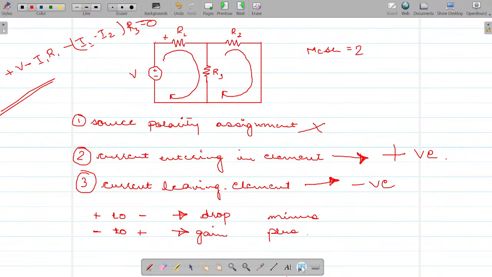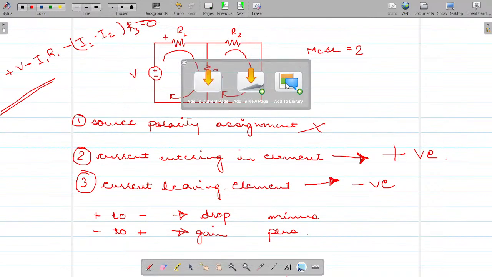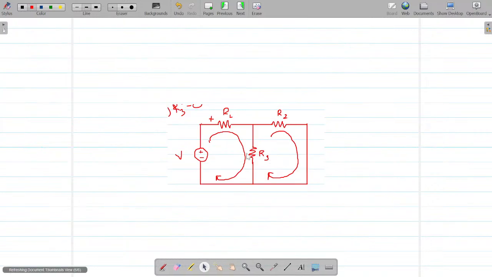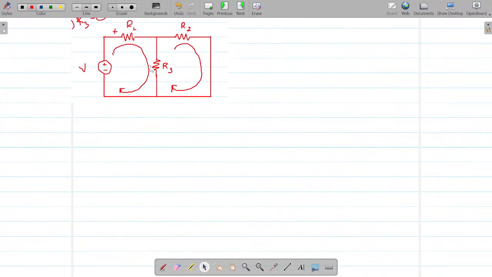Whichever loop we are traversing, this is what I was talking about. Say this is the loop that we are traversing. If we are traversing loop number 1, what will we do?